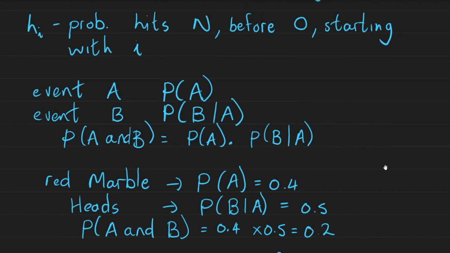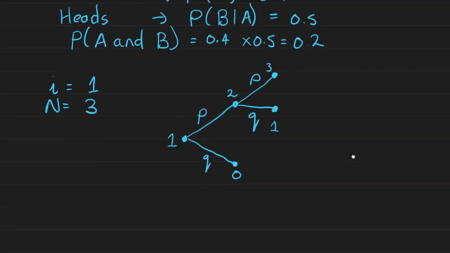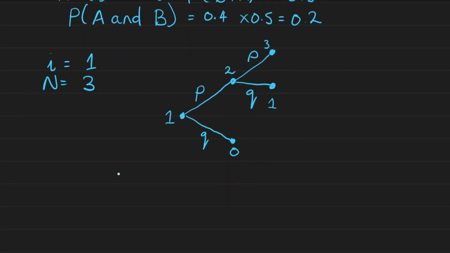We just go up here to H, and we said H represents the probability of hitting the target while starting with I. So we can have H1, H2, and H3.